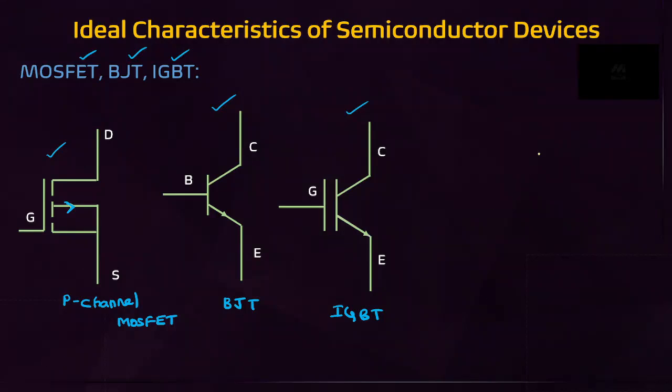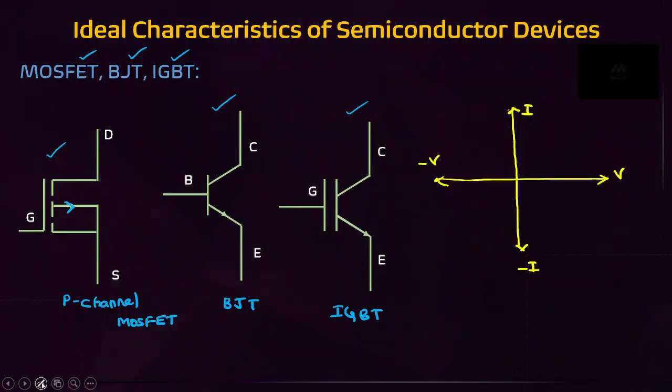MOSFET, BJT and IGBT have the same ideal characteristics, friends. All these devices operate in the first quadrant only. The negative blocking is negligible. This is I, this is minus I, this is V, this is minus V. These devices allow the forward current and block the forward voltage.